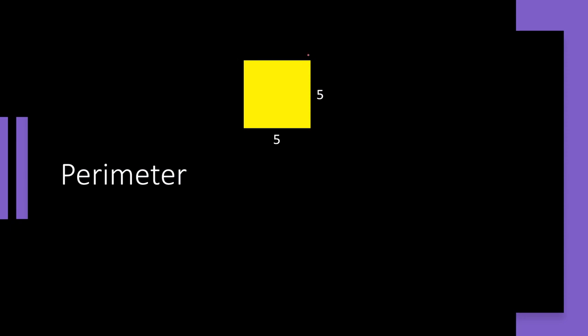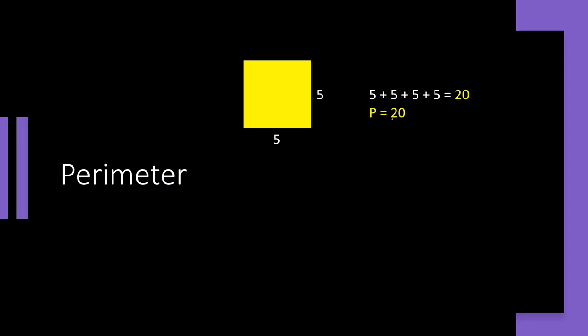I will do an operation like 5 plus 5 plus 5 plus 5. Okay, and if I add all these sides together, that's going to be equal to 20. And therefore, the perimeter for this square shape is equal to 20. And that's it. We just figured it out. We just measured the perimeter for this square shape.